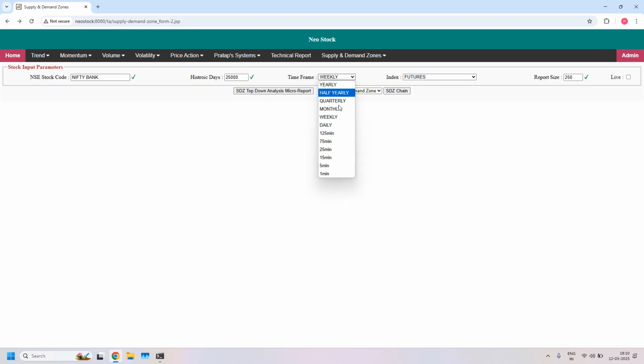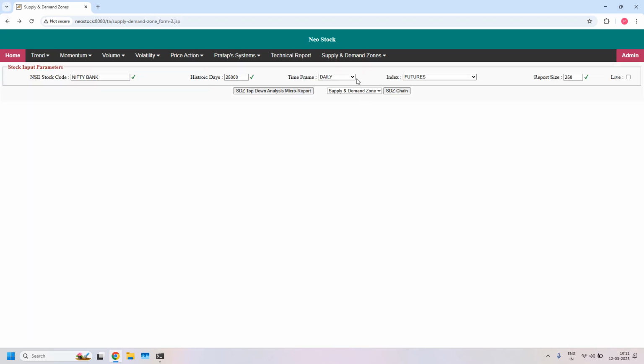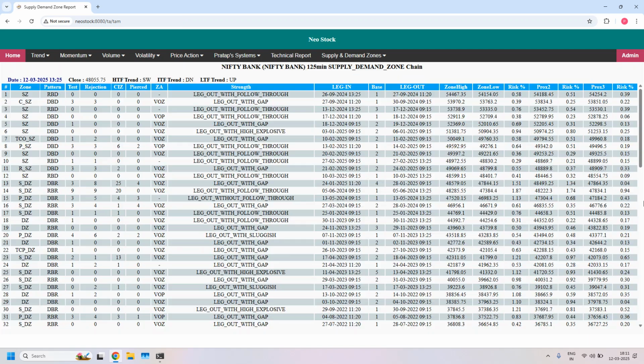Next, daily supply demand zone chain for BANKNIFTY. Next, 125 minutes supply demand zone chain for BANKNIFTY.